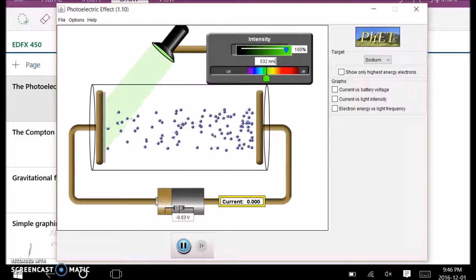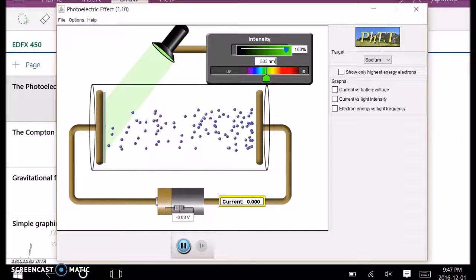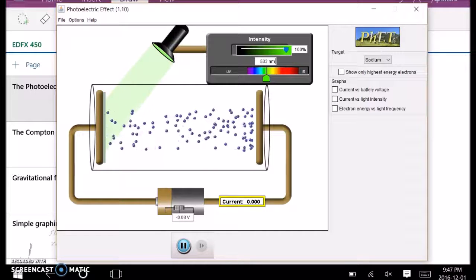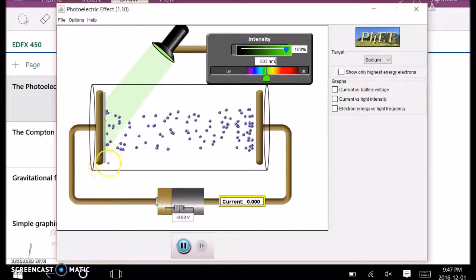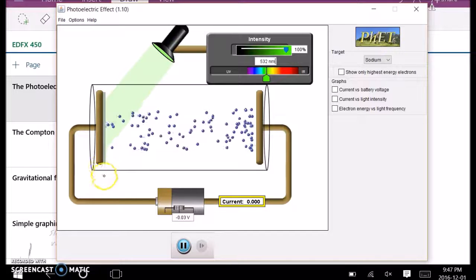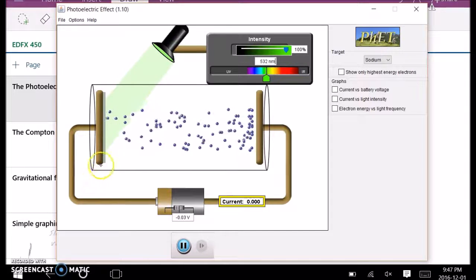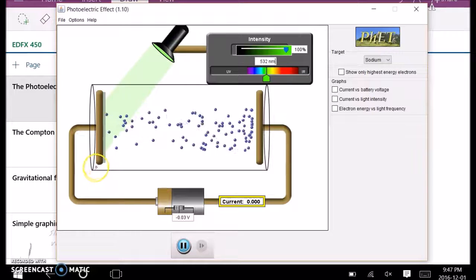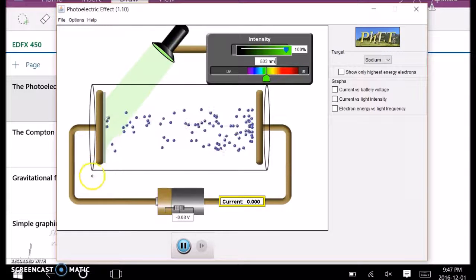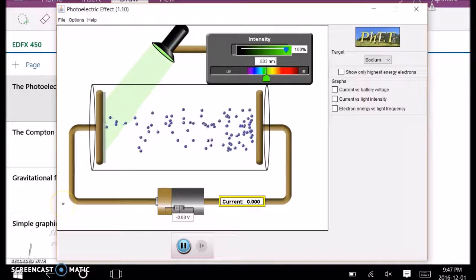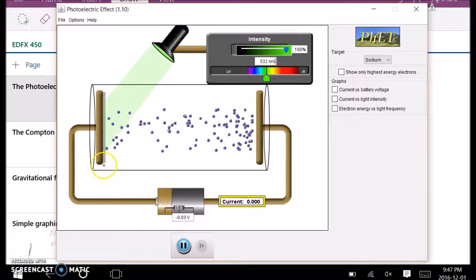The electrons start with an initial velocity, which means they start with an initial EK, initial kinetic energy, and they start with zero electric potential energy. Okay, so they're flying here.